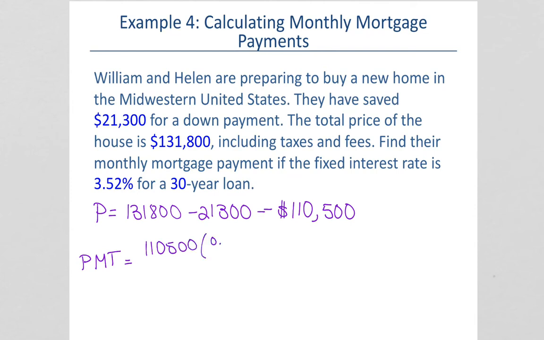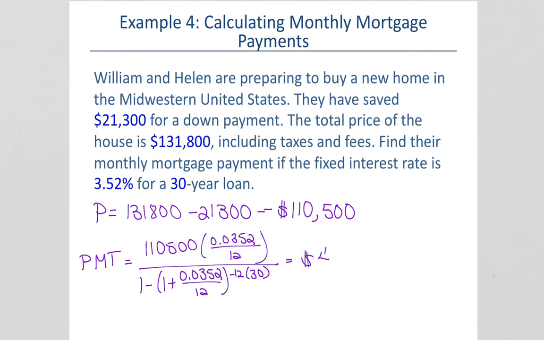We're just going to plug in everything here into our nice little formula. And I'll probably work this one in Excel for you. And we get that their mortgage would be $497.43. Not too bad.